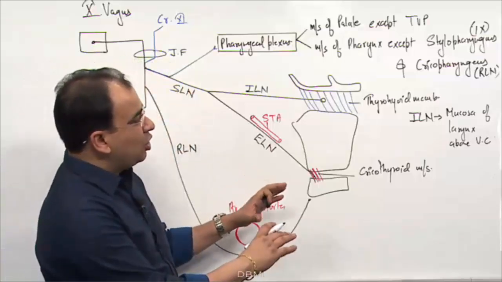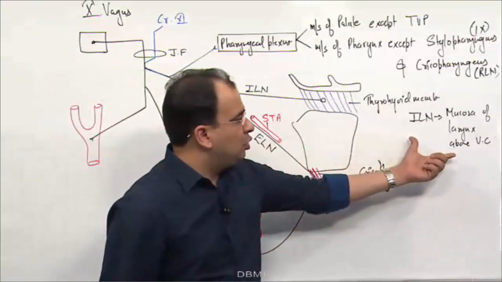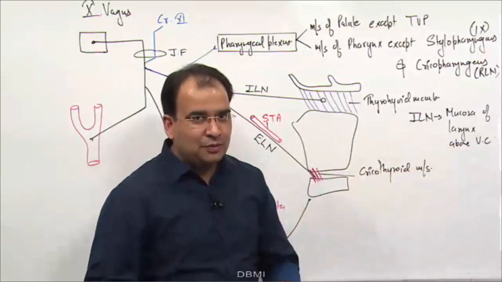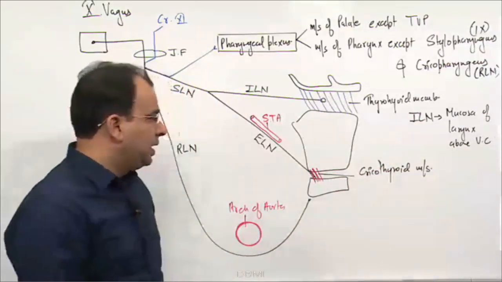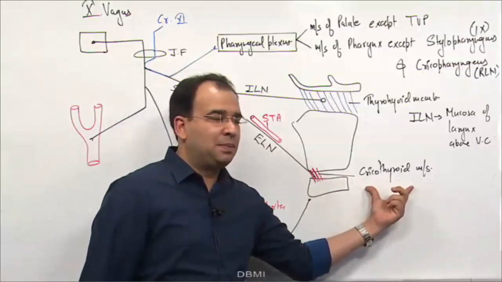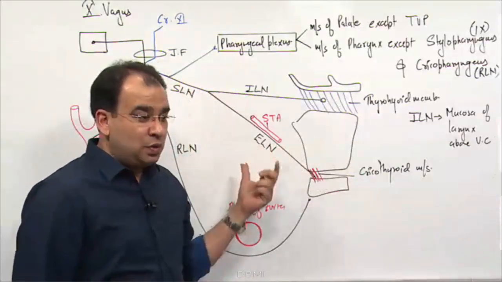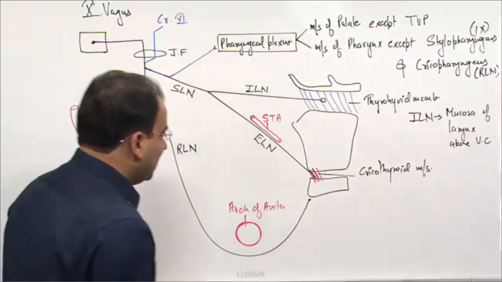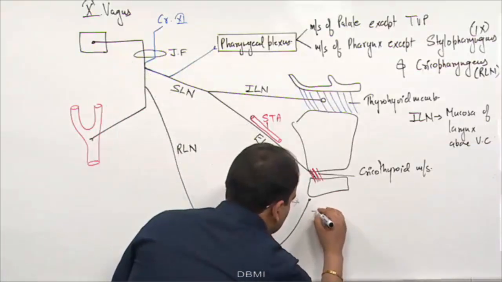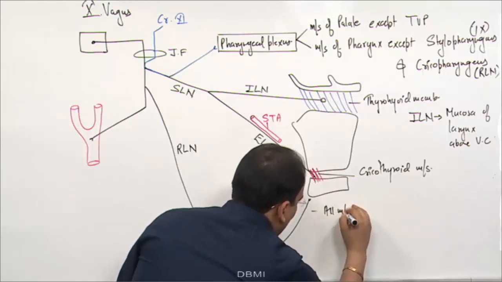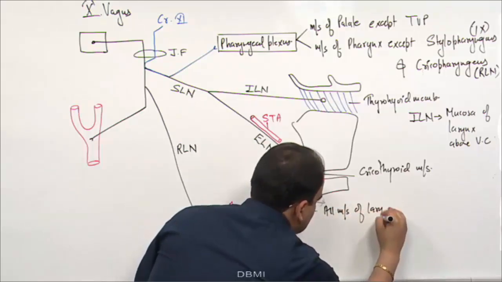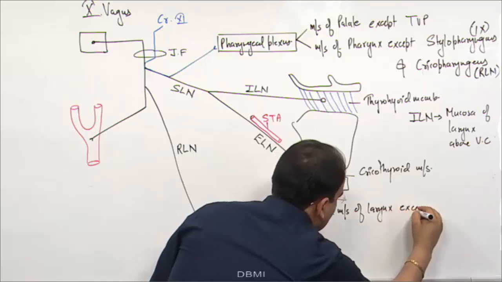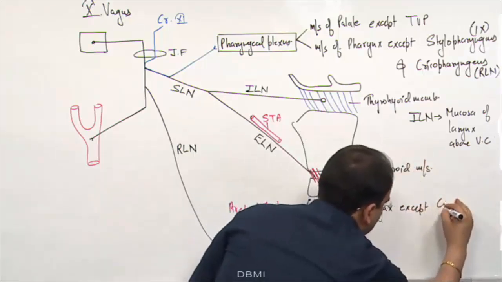Now first see what is already supplied. We already supplied the mucosa above the vocal cord, so we still have to supply the mucosa below the vocal cord, and only one muscle has been supplied, by the external laryngeal nerve. So we still have to supply all the rest of the muscles of the larynx. That's why the recurrent laryngeal nerve will supply all muscles of larynx except cricothyroid, which is already supplied.